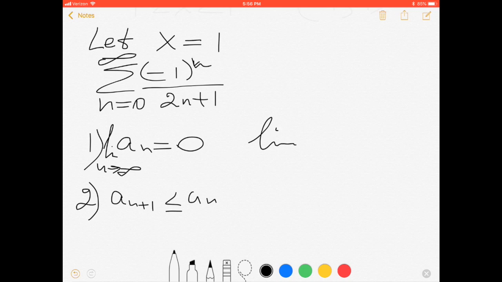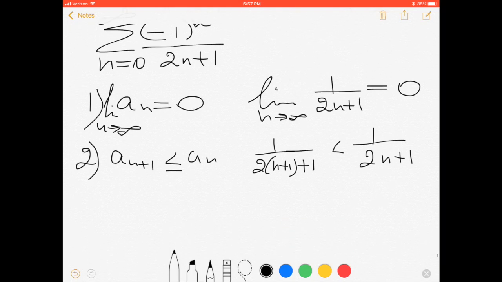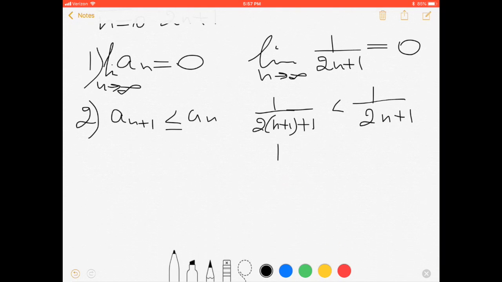Here we have the limit of 1 over 2n+1 as n approaches infinity. 1 over infinity is 0. And 1 over 2(n+1)+1, which is 1 over 2n+3, needs to be less than 1 over 2n+1.